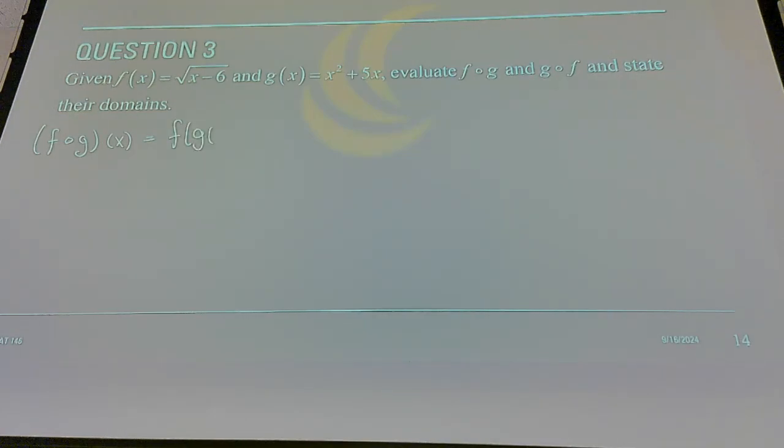F of G of X. Grab the domains again, whatever I'll do after this. Wait, what does the circle mean? Composite.